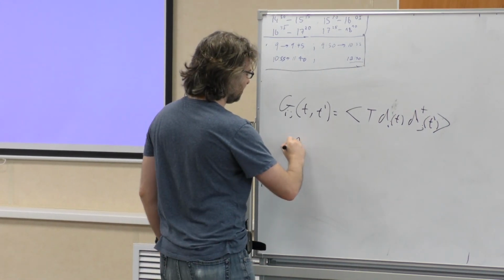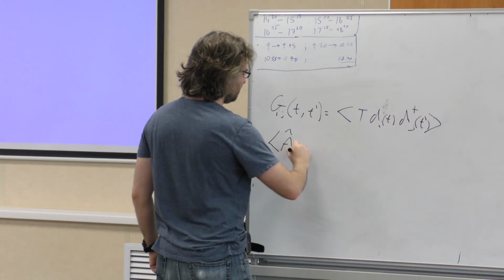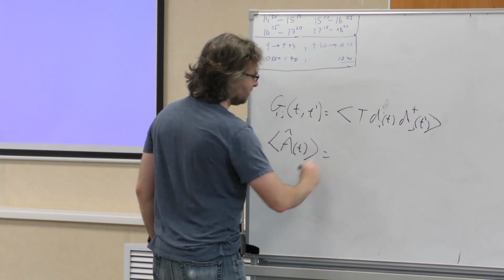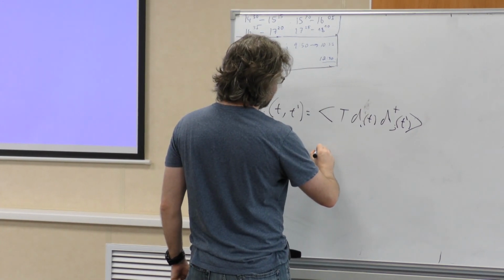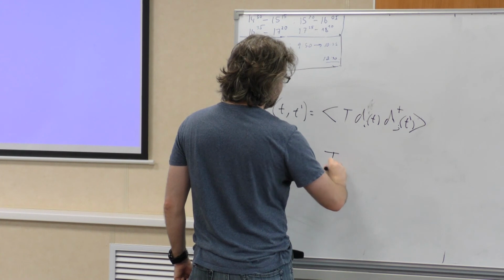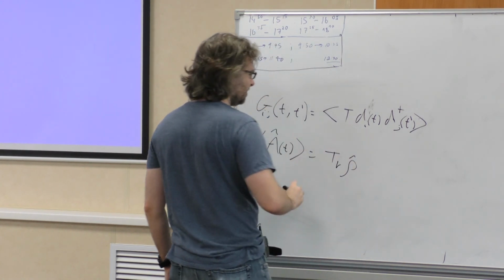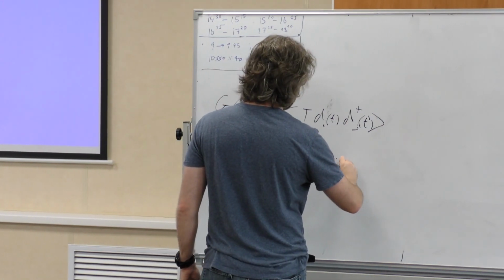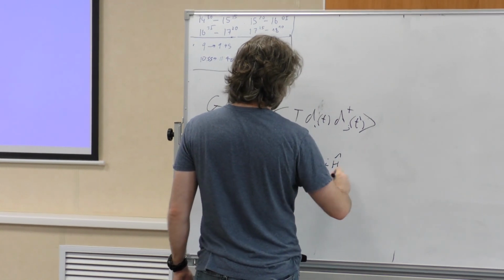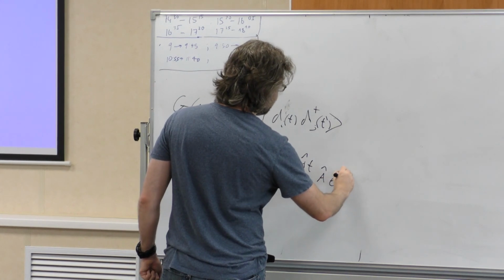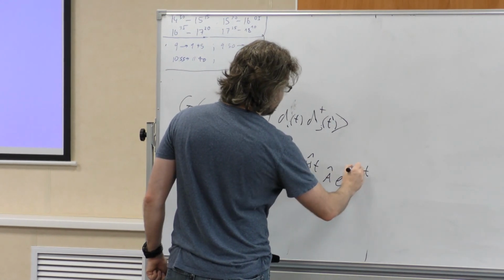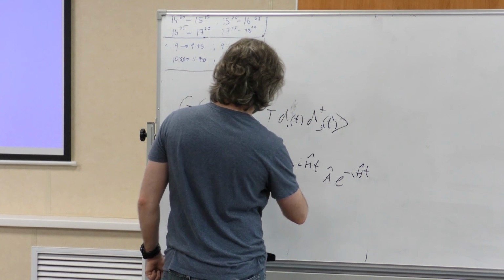Okay, so in order to do that, it's enough for me to consider a single time property first. Okay, so let's consider the time dependence of some operator A. So this is going to be the trace over some initial density matrix, and then you have time propagation with a Hamiltonian, and you have the other time propagation.